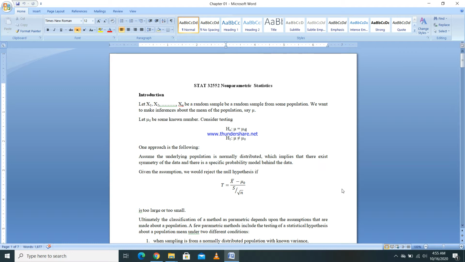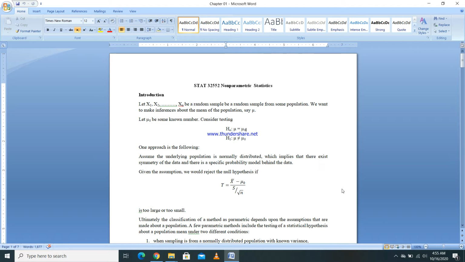If all these things are true, then why do we use non-parametric statistics, right? One reason is that when we fail to use the parametric methods, we always have to go with non-parametric statistics. Okay, I'll explain that to you using an example.